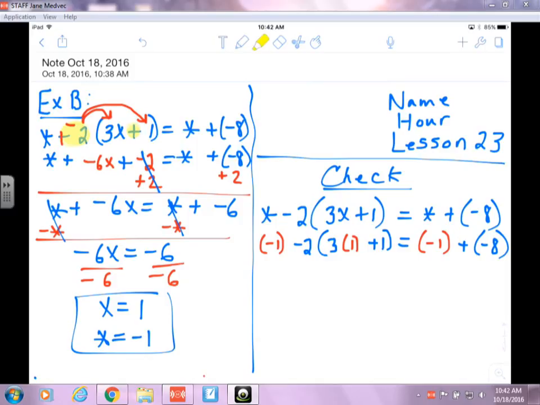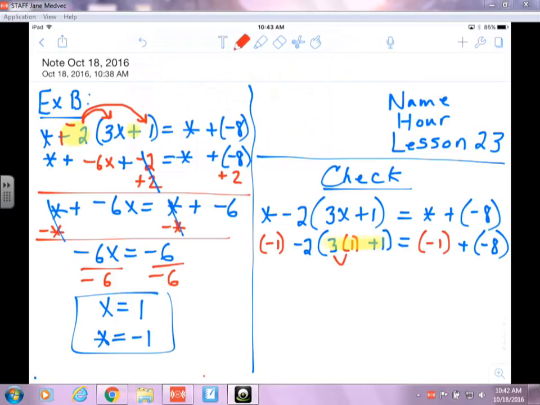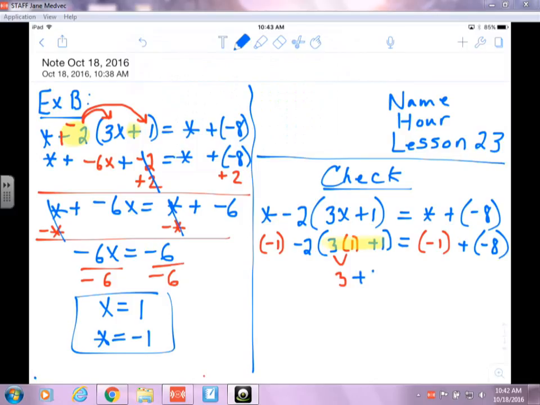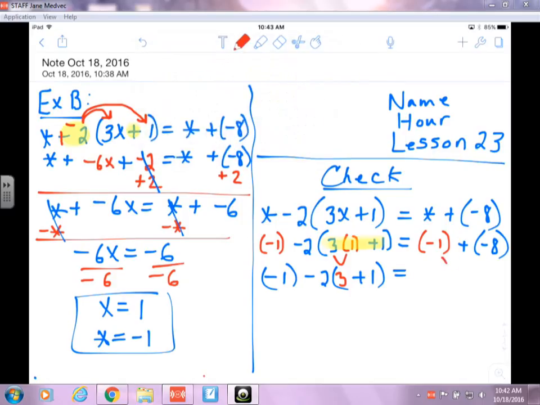Now we're going to concentrate inside these parentheses, because order of operations says parentheses first. So 3 times 1 is 3. And then I'm going to copy down all that other stuff. And I can go ahead and solve the right-hand side and make that negative 9.